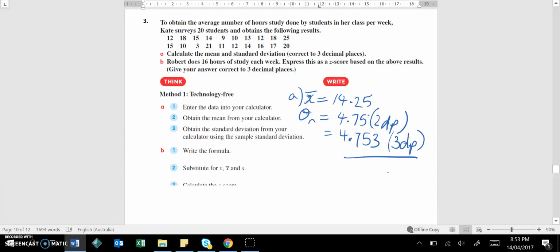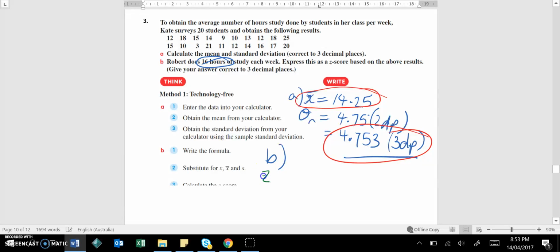Awesome. Part B then asks you to work out Robert's z-score. It tells me that he does 16 hours of study each week. And I have just worked out the average and the standard deviation in this question, so I'm going to be using those in my solution.